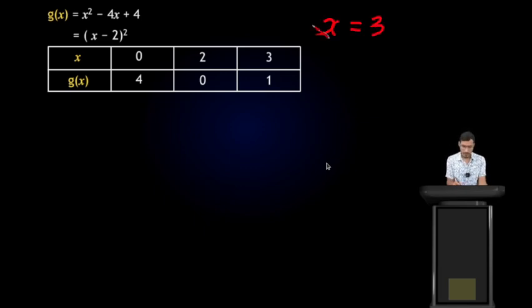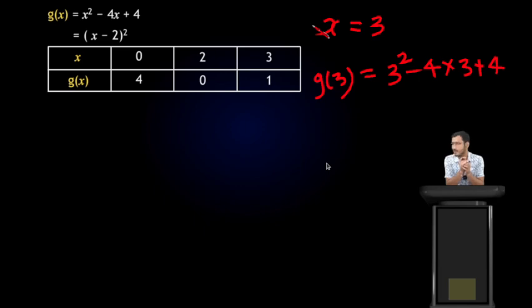So g(3) is equal to 3 square minus 4 into 3 plus 4. When we solve this, 3 square is 9, 4 threes are 12, plus 4. So 9 plus 4 is 13 minus 12, so 13 minus 12 is equal to 1 here. That means when we substitute x equal to 3 in the equation, the answer is 1 here.